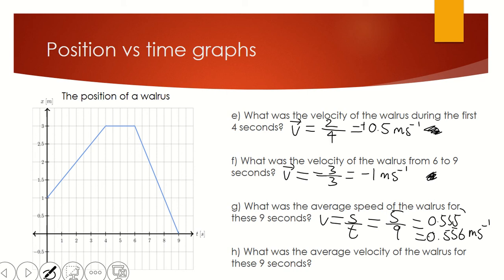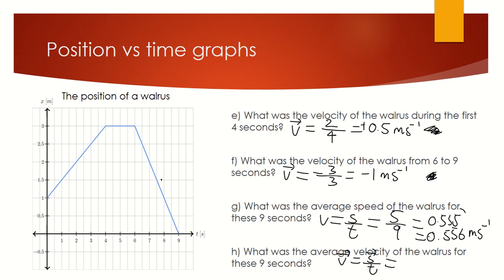Now, what was the average velocity of the walrus for these 9 seconds? Average velocity is displacement over time. For these 9 seconds, the walrus was displaced from +1 back to 0.